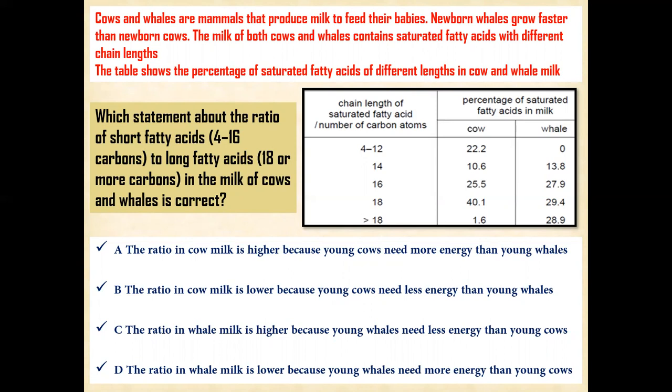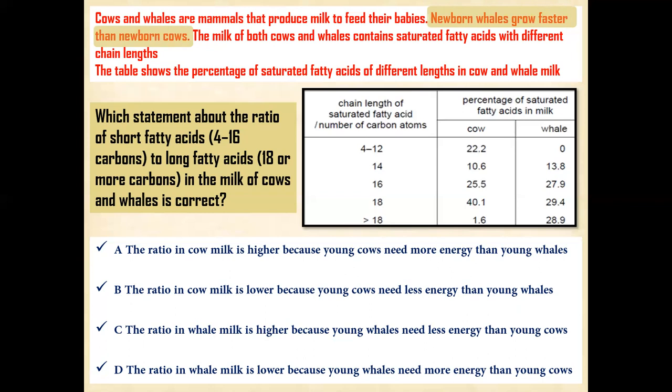So basically, from the question statement, we get the idea that the newborn whale grows faster than the newborn cow. If the newborn whale grows faster, it needs more energy as compared to the newborn cow.